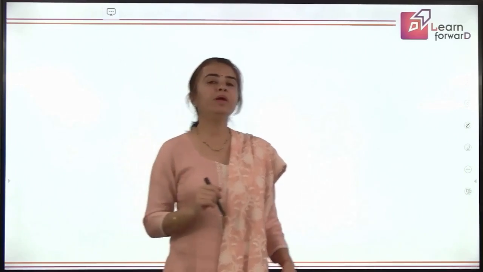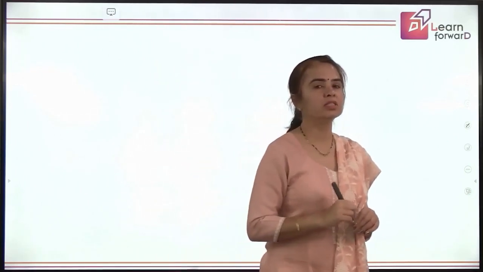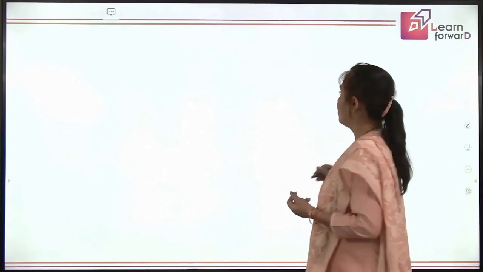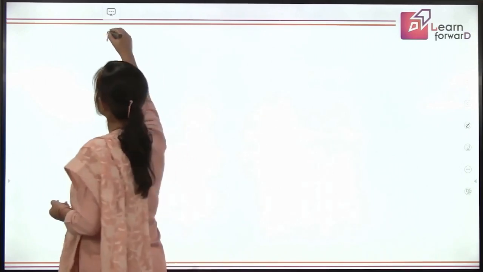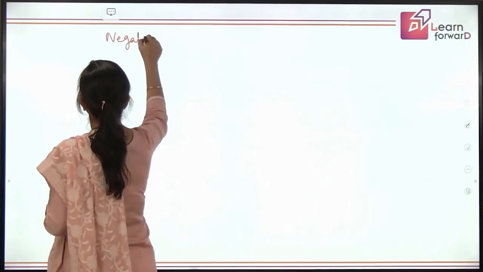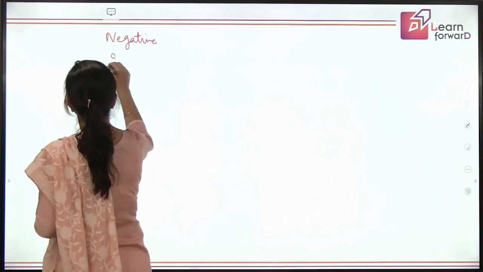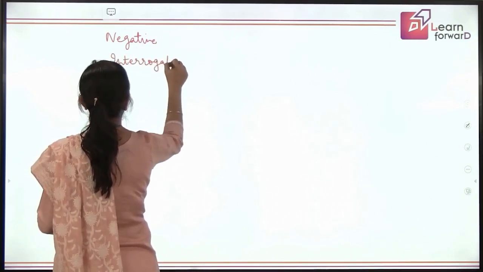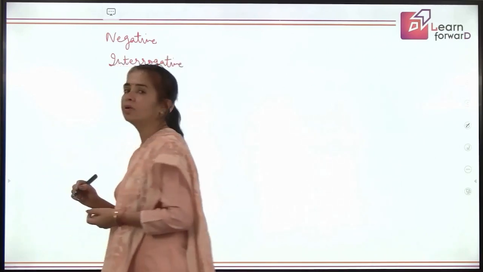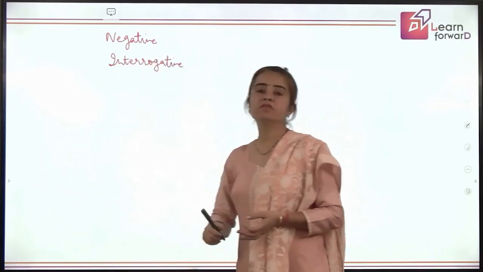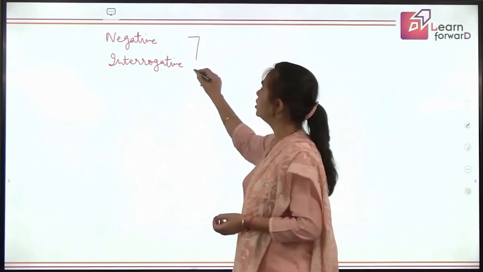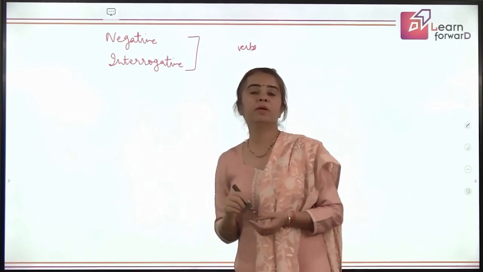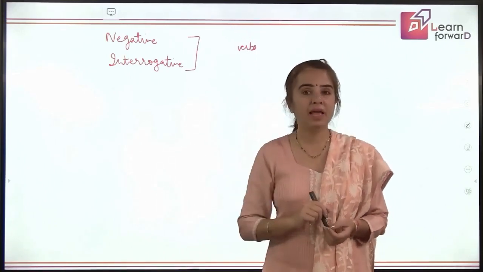Now, before we begin, let me tell you one thing, students. It's very important to remember that whenever we talk about negative sentences or interrogative sentences, we have already done these categories of sentences and learnt about their structure in our previous chapters. Whenever we talk about the formation of verbs in these sentences, what you have to remember is the role of the helping verb.